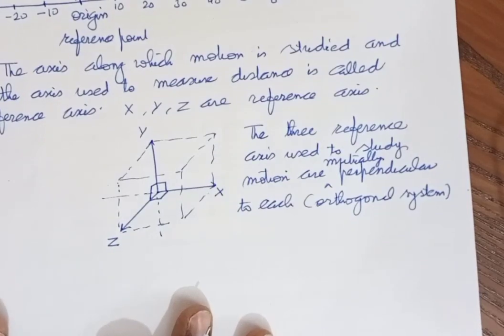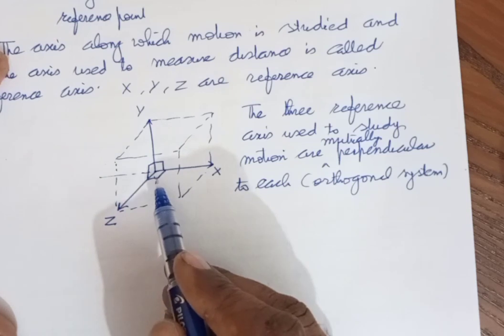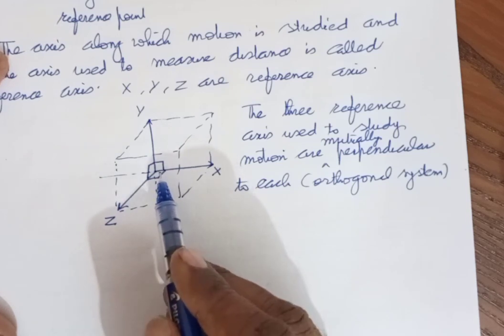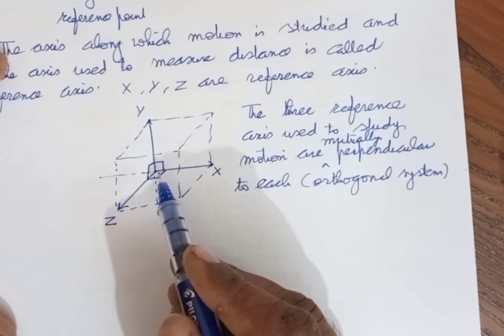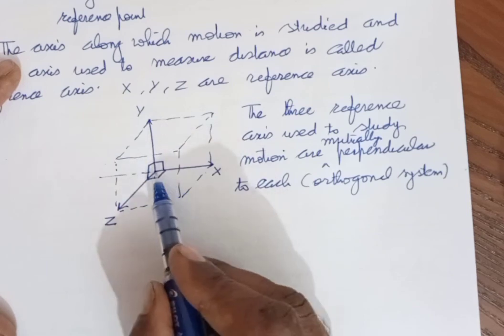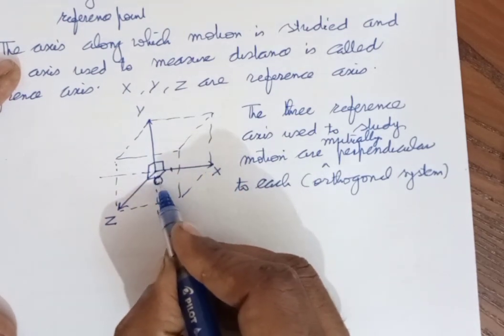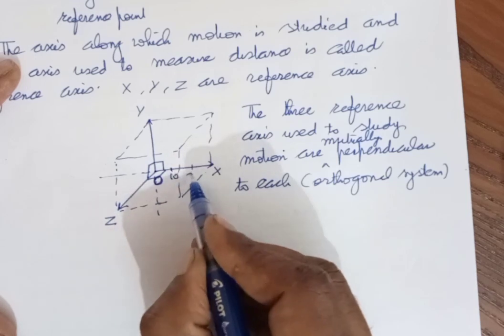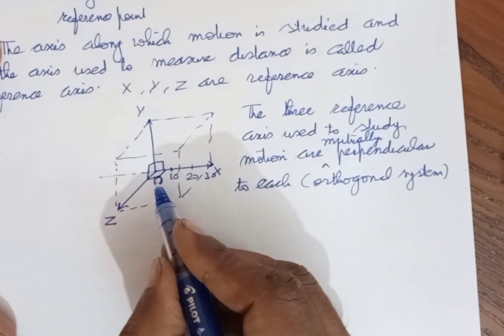Okay, now we have seen the reference point. What does it mean by reference point? The point where axes intersect each other, that is called reference point, and that is the point where observer stands. Because we unfold all the reference axis from us only along x-axis, the distance start from us only, that is origin, 10, 20, 30, because we are the main point, we are the center of attraction.